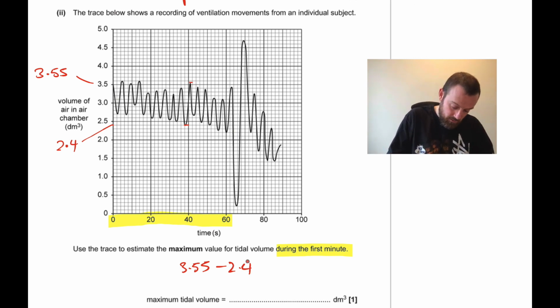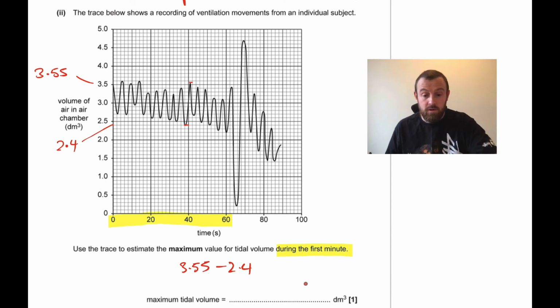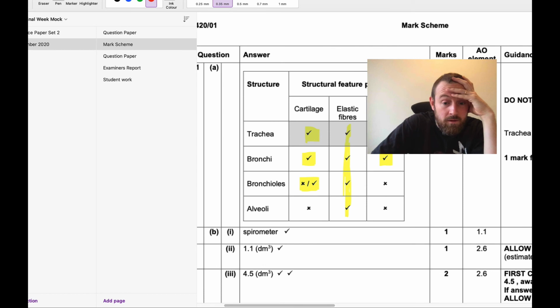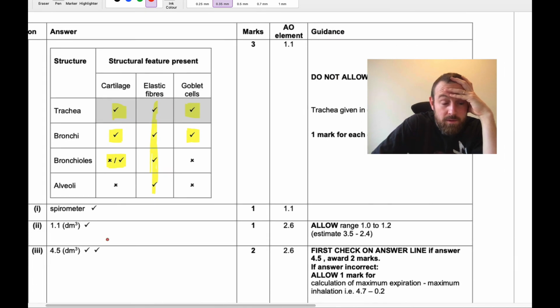Just doing that now, 3.55 minus 2.4 equals 1.15 dm cubed. Let's check the mark scheme. Yeah, so 1.1, it says allow in the range from 1.0 to 1.12.